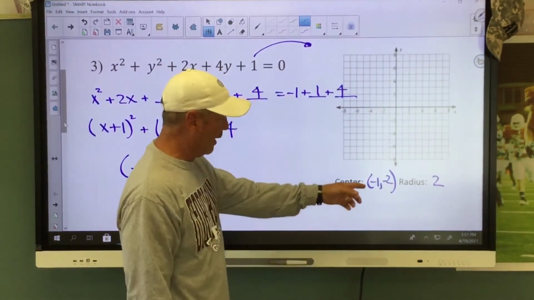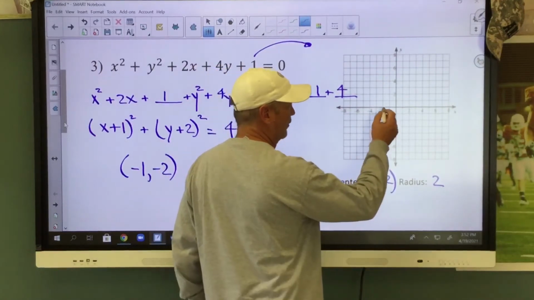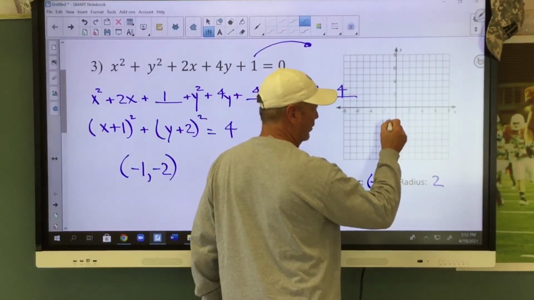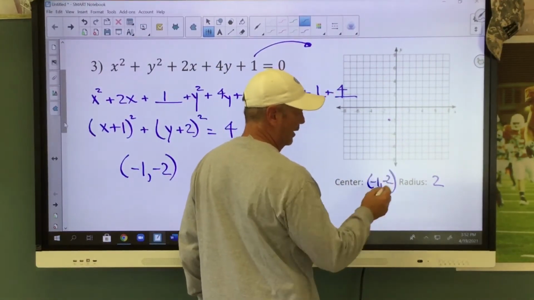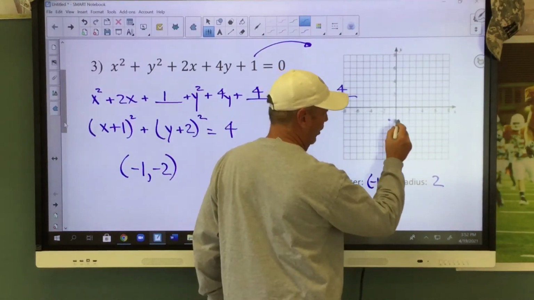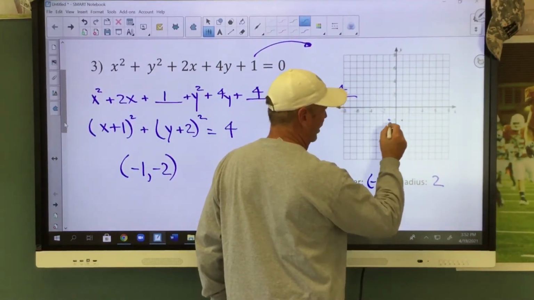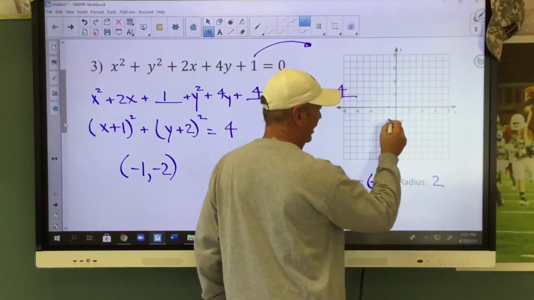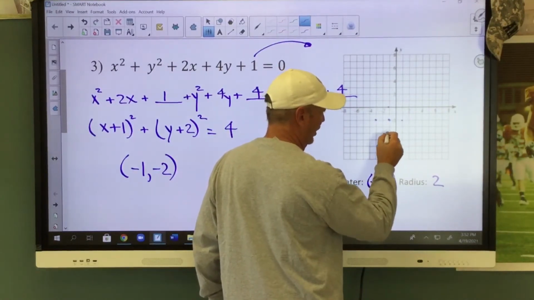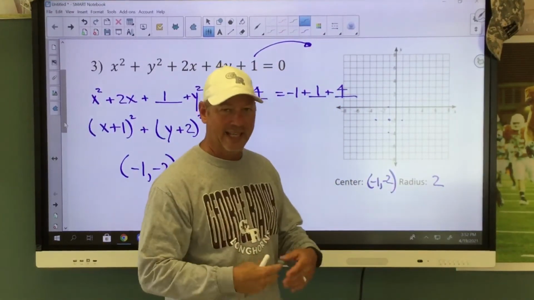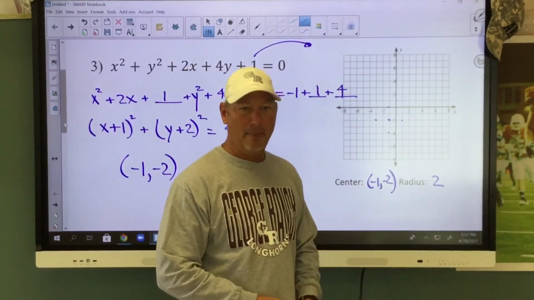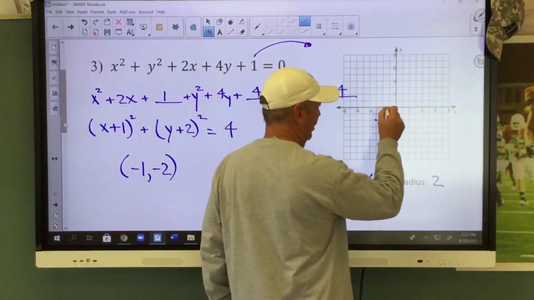If we were going to graph this, we would put a dot at negative 1, negative 2. The radius is 2, so we would count 1, 2, and put a dot, in each direction. Now, when you connect your dots, don't make it look like a diamond. Try to round it a little bit.